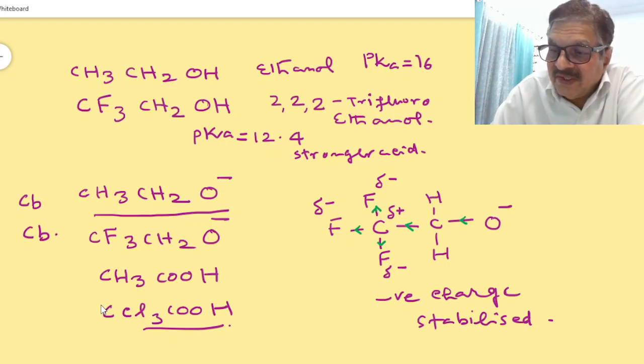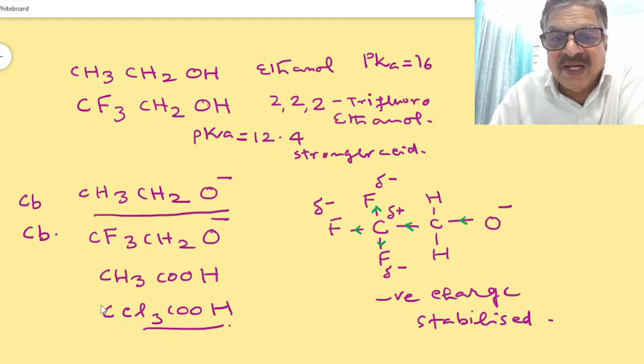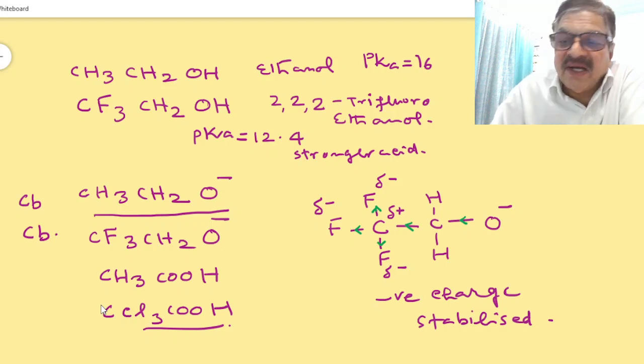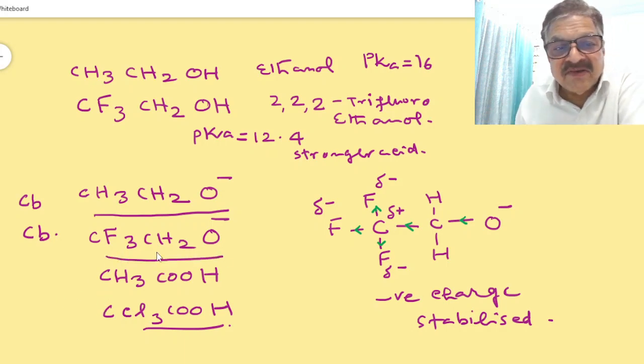Now the three electronegative fluorine atoms stabilize the negatively charged conjugate base. This is the negatively charged conjugate base, stabilized by the three fluorine atoms here.